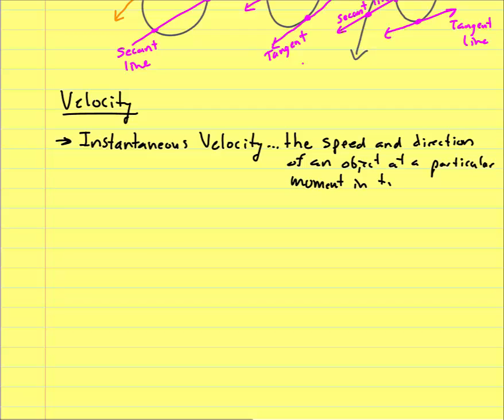Now remember what velocity was. It was the change. So we have to be thinking about change a little bit here. Now, in order to find instantaneous velocity, there's really no easy way to do this without calculus. There's no easy definition without calculus.